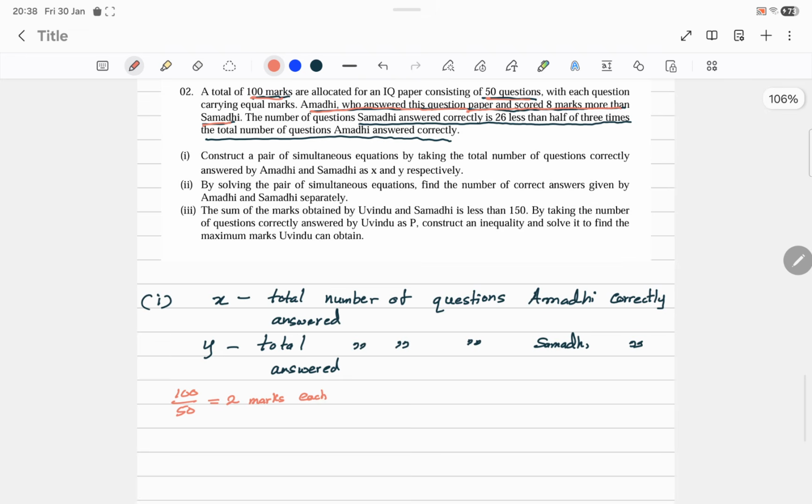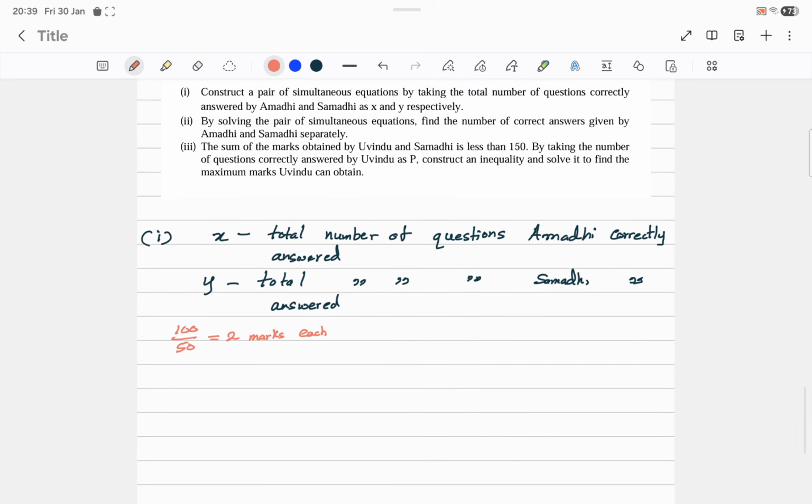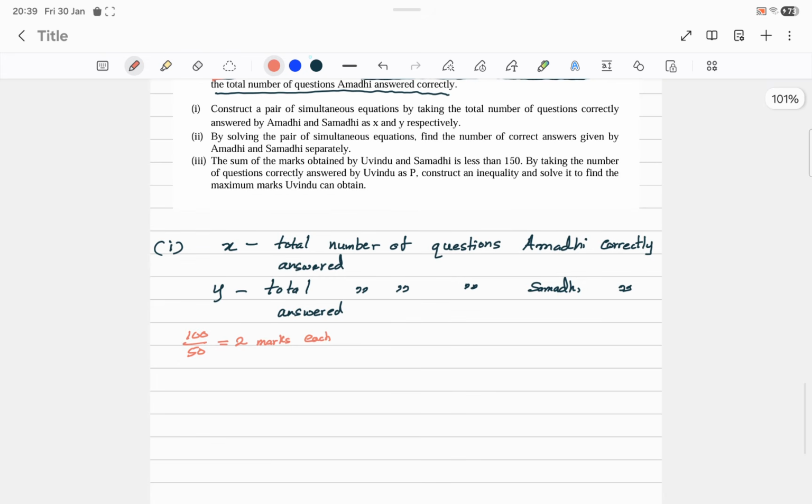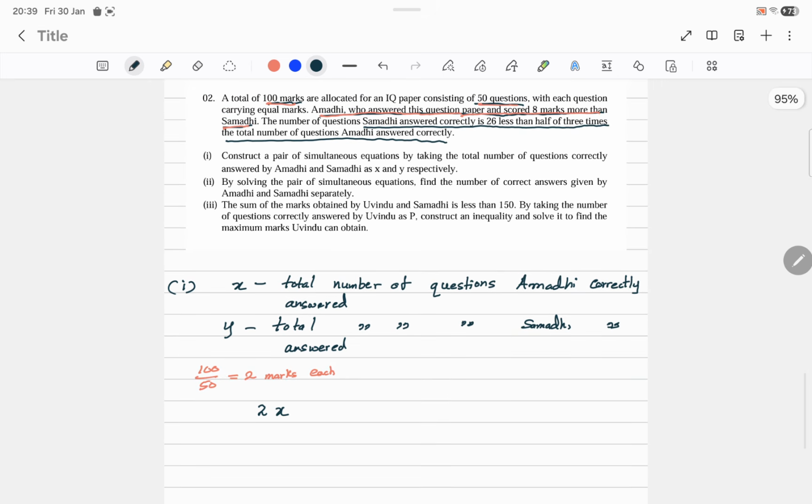Now, Amadi scored 8 marks more than Samadhi. If Amadi answered x number of questions, her total marks would be 2 times x.